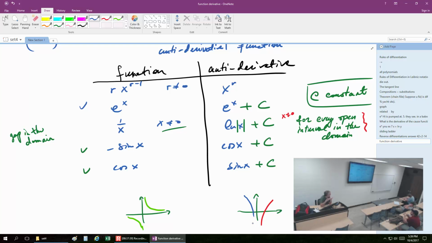1 over x has a hole at 0, which means that its domain is in two pieces, and which means that there is no way we can make our antiderivative a continuous function. Well, what does it mean? It means just stay away from 0, and don't try to get around it. So you have a separate calculus for positive values of x and a separate one for negative values of x.